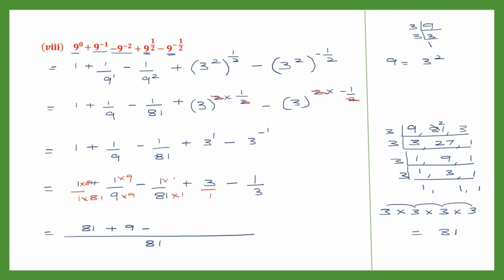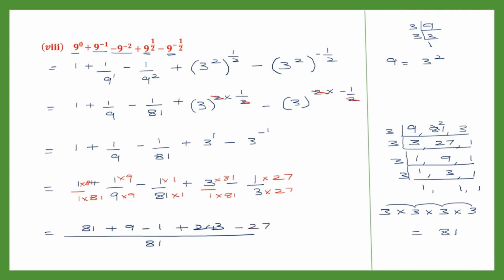So 1 into 1 plus, here we have 1 into 81. So 3 into 81. That is 243. So let's write that 243. Then the last one is 3 into 27. So this is 3 into 27 is 81. So 1 into 27. So 1 into 27 is 27.